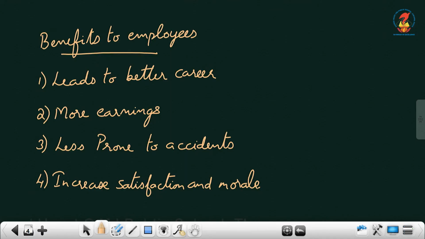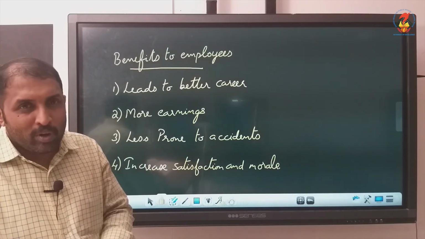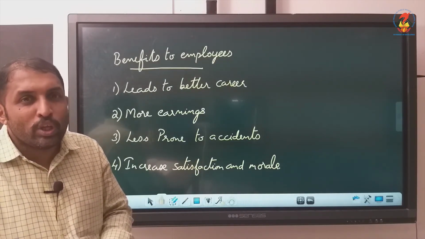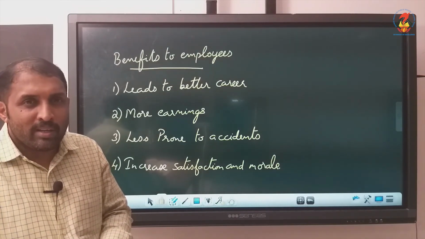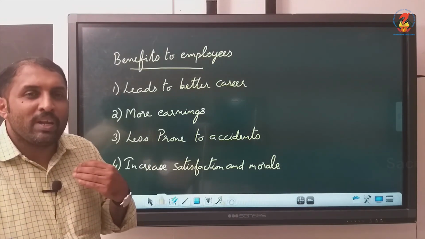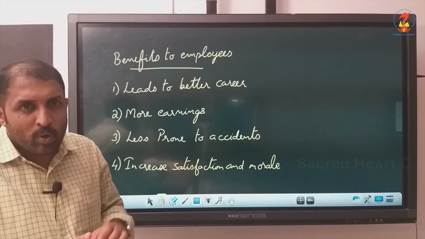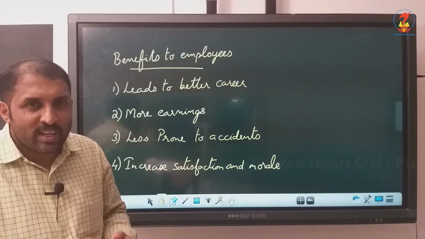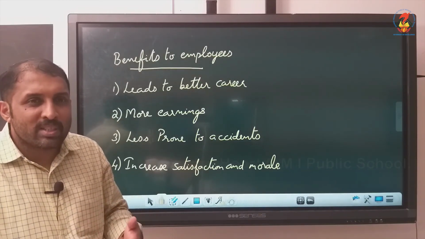Last one is that it increases satisfaction and morale of employees. When an employee is able to do the job in the proper way as expected, it increases his motivation. He will feel good about himself. Self-satisfaction, self-reliance, self-belief, all these things happen.